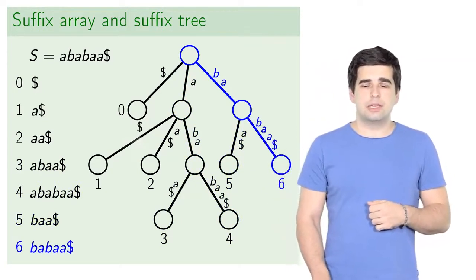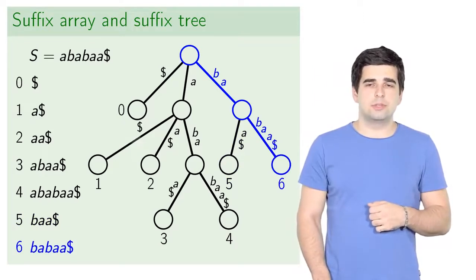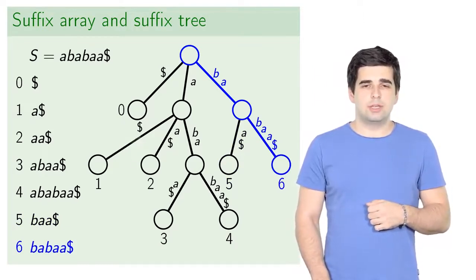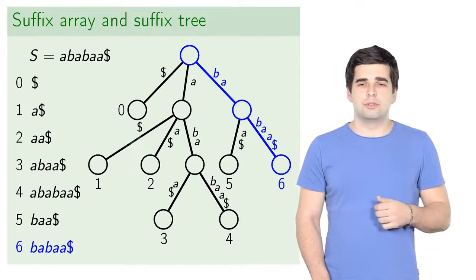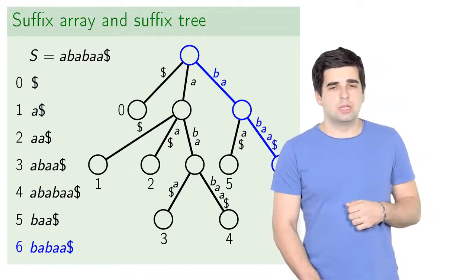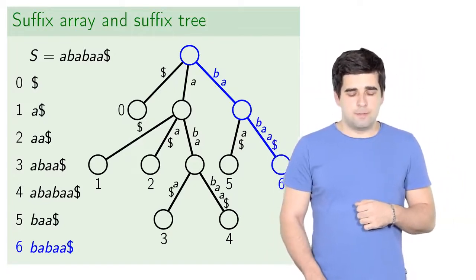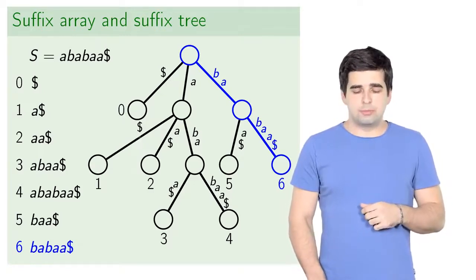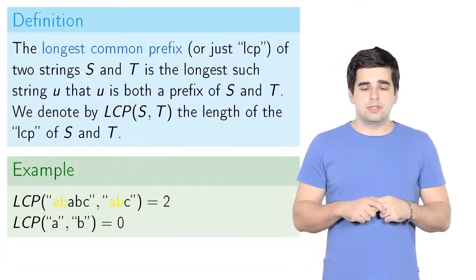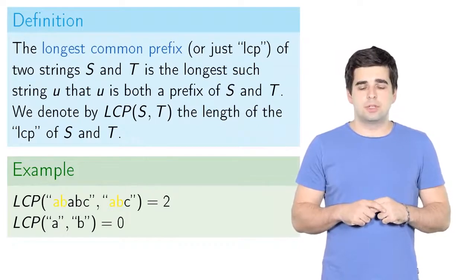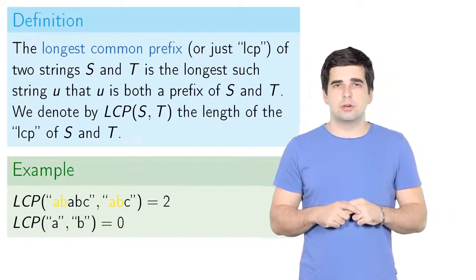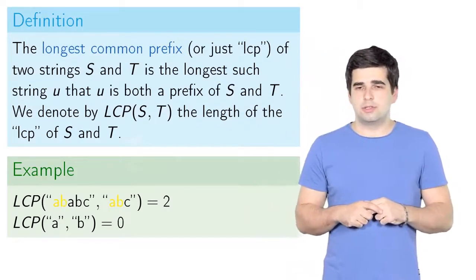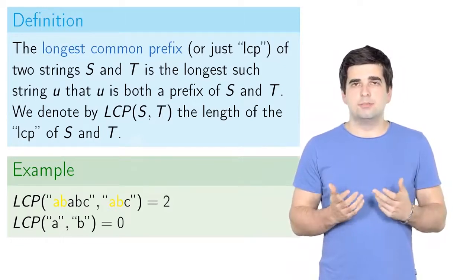That is unfortunately not yet sufficient to build the tree from the suffix array, because there are many ways to create some paths from the root to different nodes which correspond to suffixes of the suffix array. So we will need some additional properties. And this additional property we need is called longest common prefix, or often it is just said as LCP.